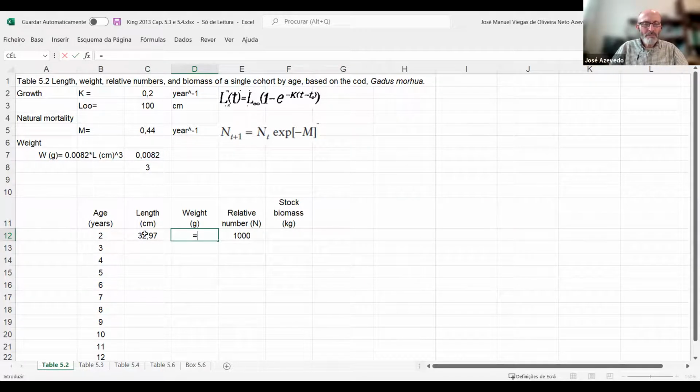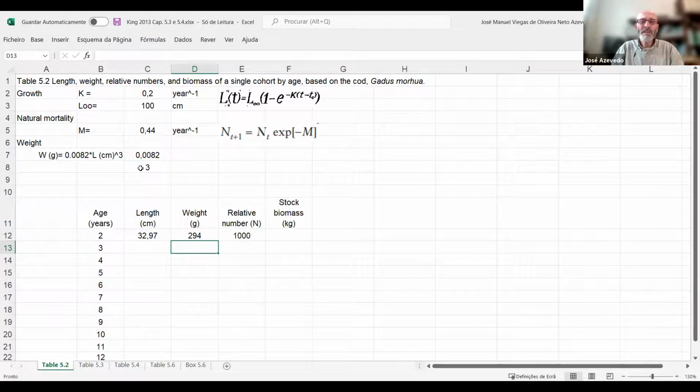The weight equals this coefficient times length, which is this one, to the power of, in this case, 3. Okay, so each fish will be 33 centimeters long and will weigh on average almost 200 grams, right?